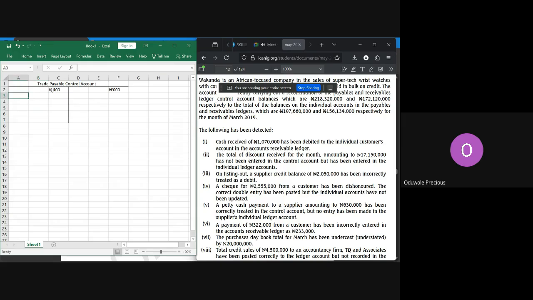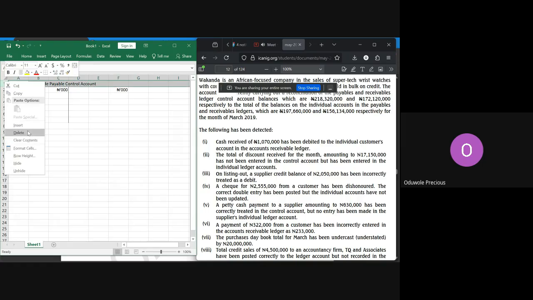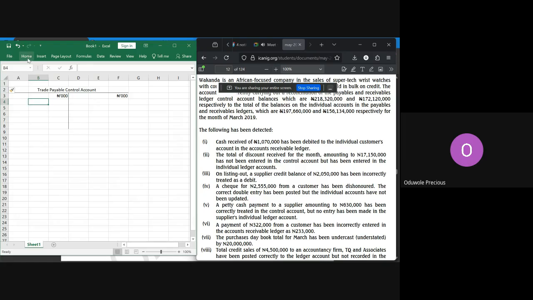So what will our first transaction be? So the first transaction is the discount received.